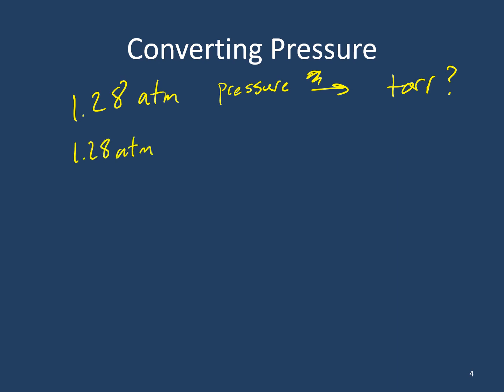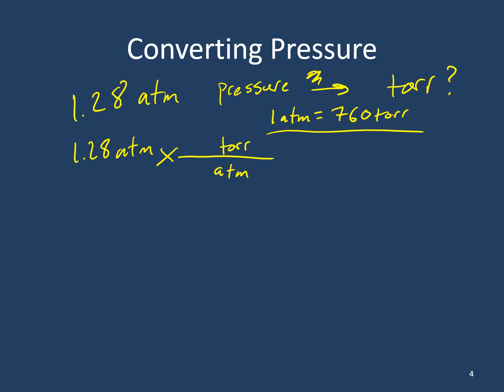Now this is one of the conversions you should remember. So 1 ATM you should know is 760 torr. I won't provide this on tests. So we need to go, okay, atmospheres need to go down here, torr needs to go up here, and I know that 1 atmosphere is 760 torr. This gives me a pressure of about 972.8 torr. So this is one of the more common pressure units that we'd be working in.